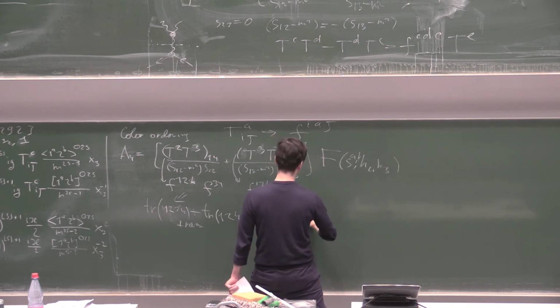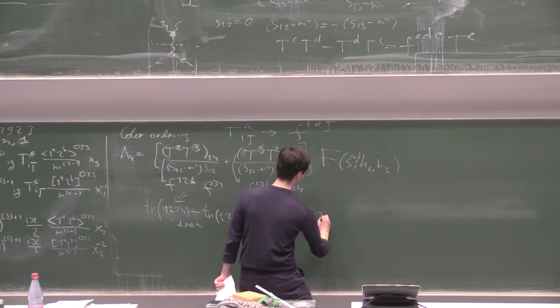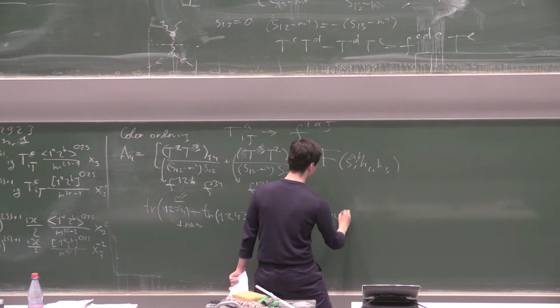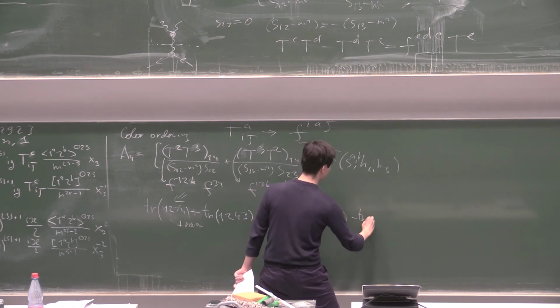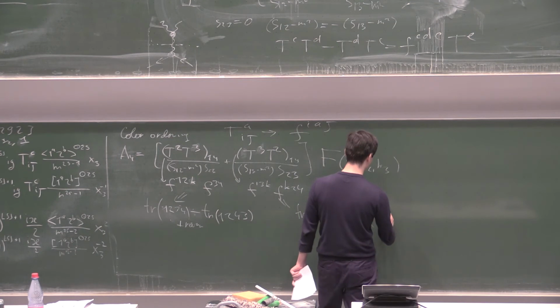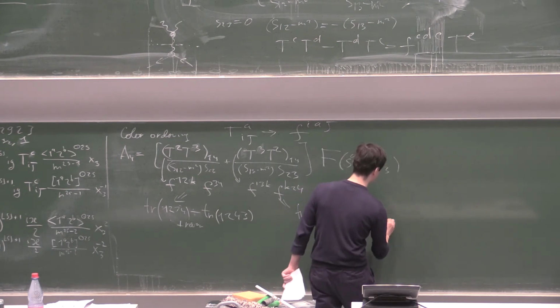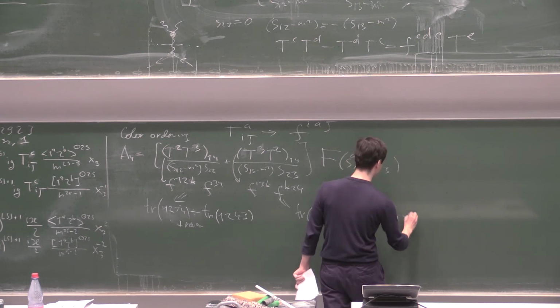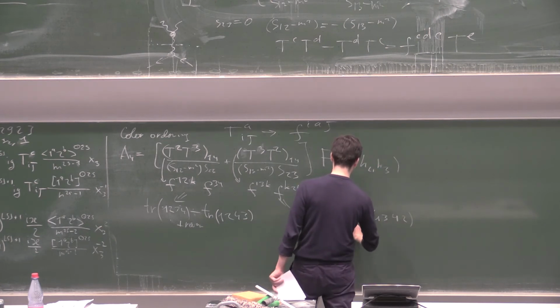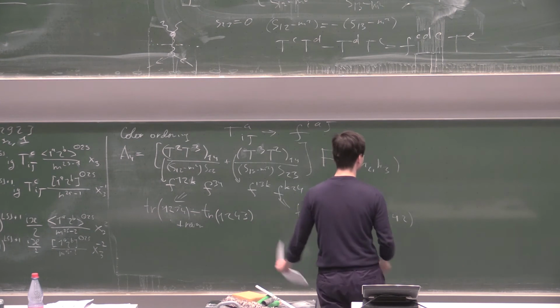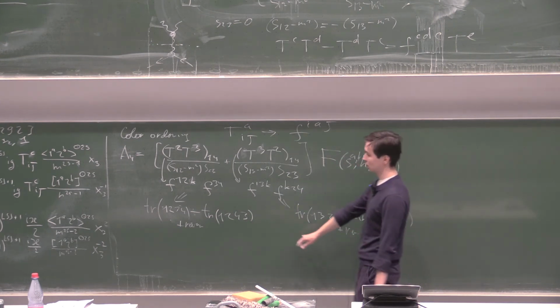And this gives me traces like 1, 3, 2, 4, minus trace 1, 3, 4, 2, plus reverse.